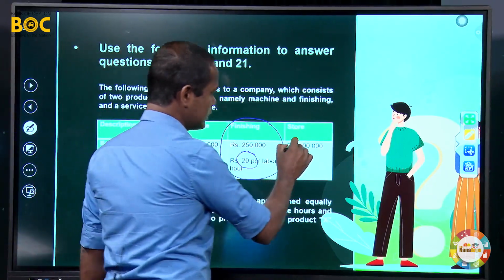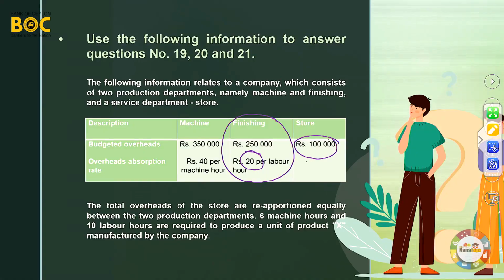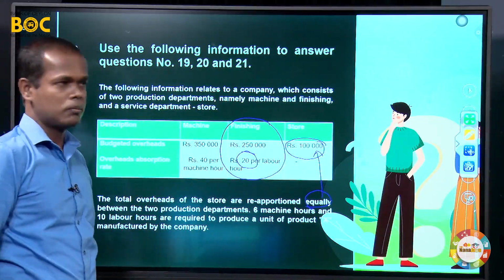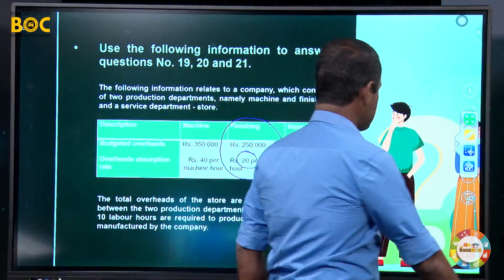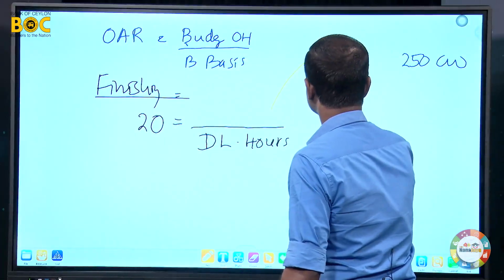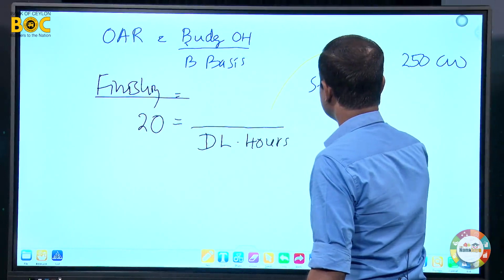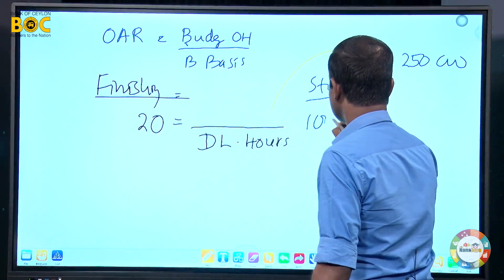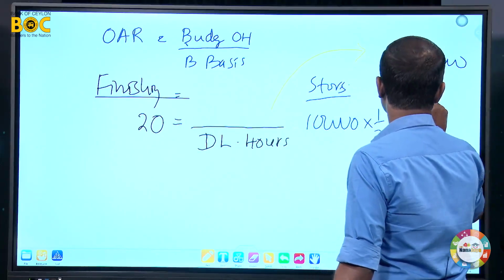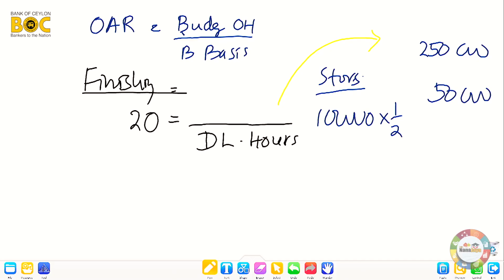So the 100,000, they say equally to the machine and finishing departments. So half, 50,000, you allocate to the finishing department.